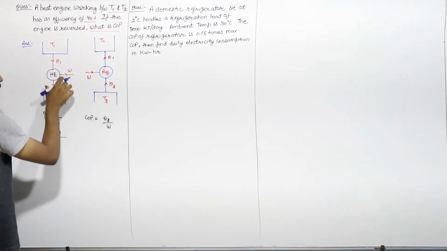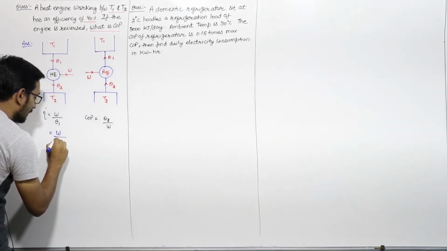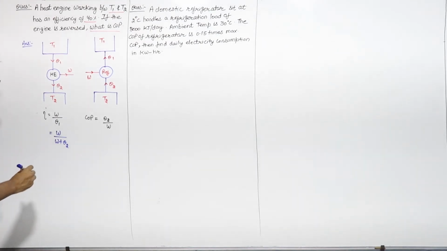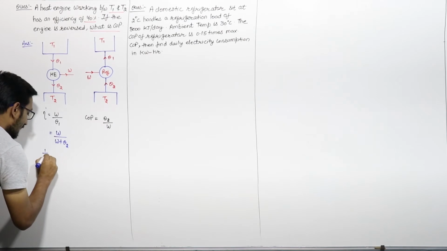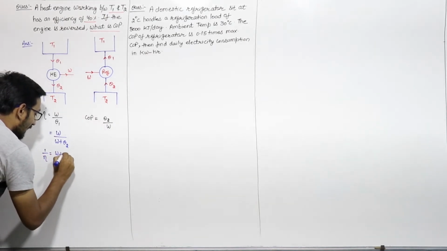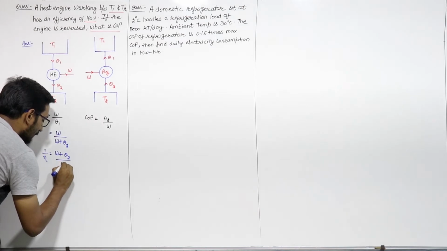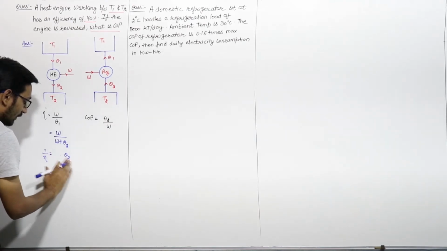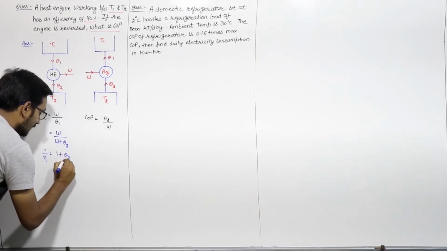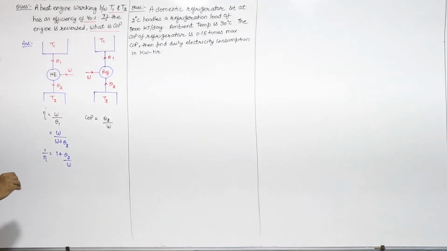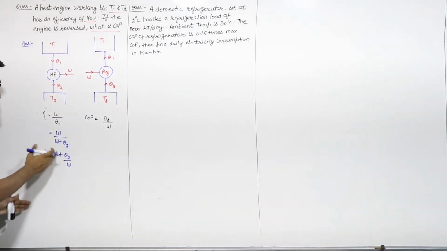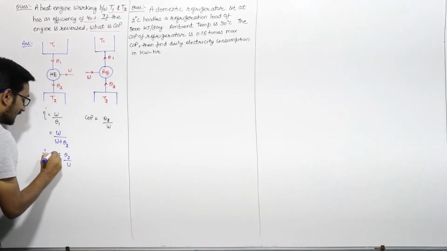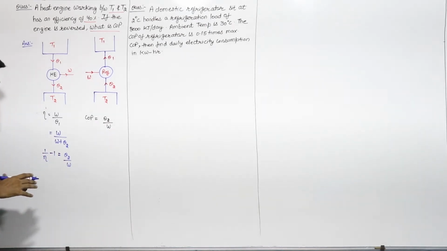Q1 is equal to W plus Q2, right? From energy conservation we can write this. So we can write 1 upon efficiency is equal to W plus Q2 divided by W. So this will be 1 plus Q2 by W. If I take it that side, this will be Q2 by W is equal to 1 upon efficiency minus 1.